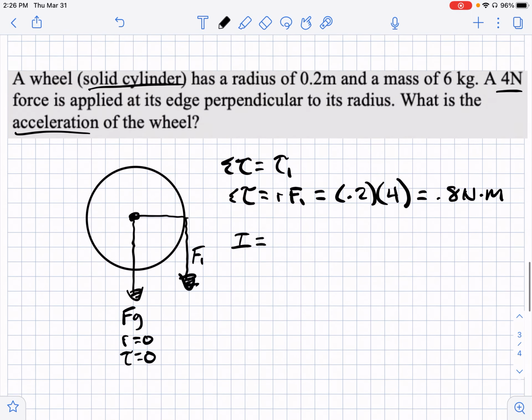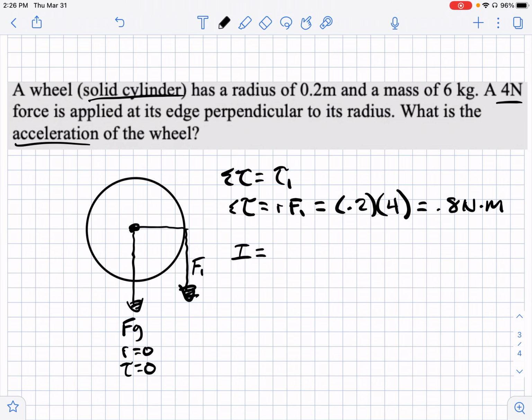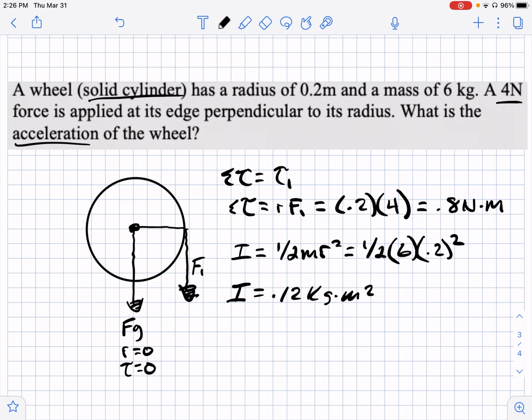So we can come back here and say 1/2 mr squared. We can plug in the mass, which is 6 kilograms, and the radius squared, so 0.2, and then that's going to be squared. So my moment of inertia, or my rotational inertia, is going to equal about 0.12 kilograms times meters squared.